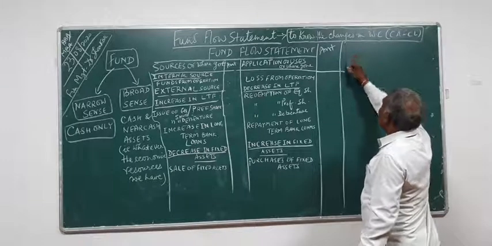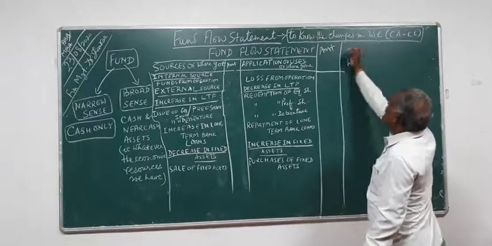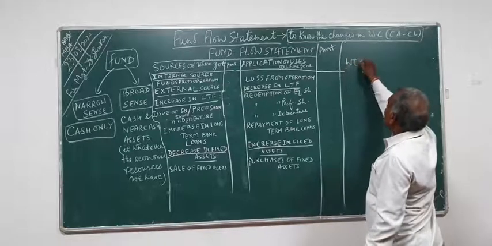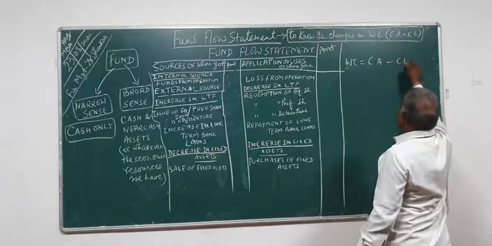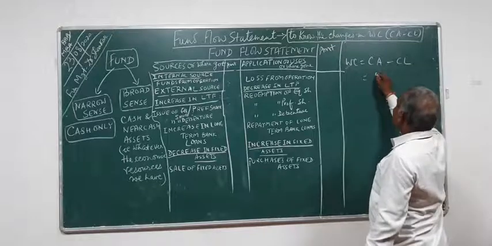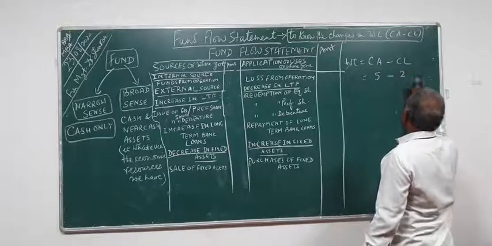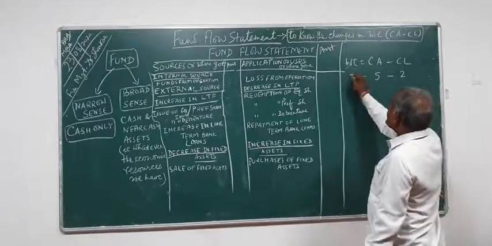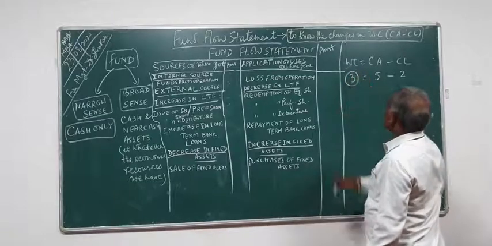Suppose working capital is equal to current assets minus current liabilities. If the amount of current assets is 5 and current liabilities is 2, then working capital is how much? 3.